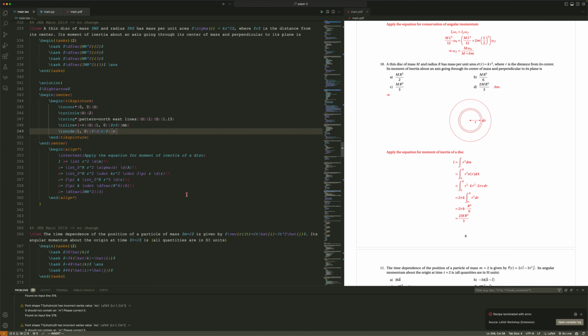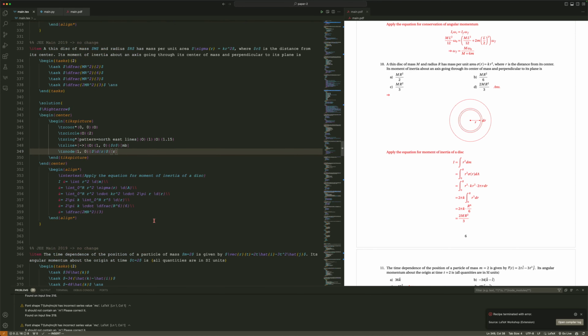Let's put it sideways or column wise. I don't know where to put it.